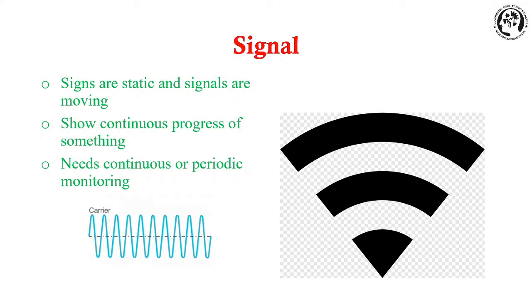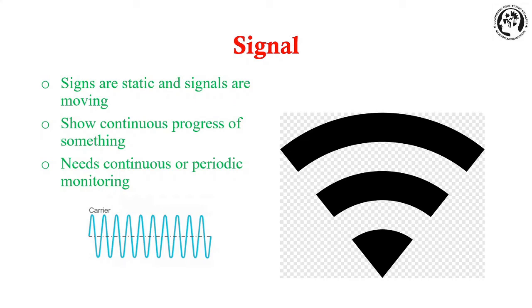When we stand at a traffic signal, then it has got a movement. Sometimes it lights amber, sometimes it lights green, sometimes it lights red. So there is a movement in that type of color language. So we call it a signal, traffic signal.